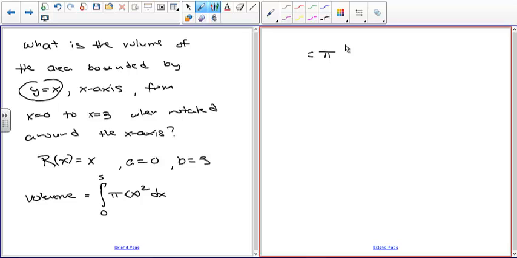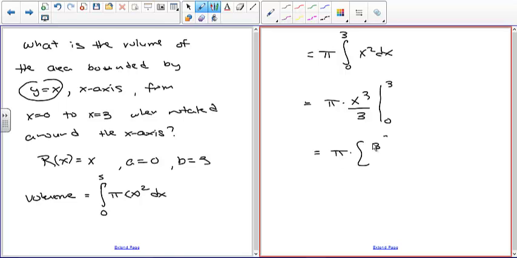We take pi outside the integral sign, so we take the integral from 0 to 3 of x squared dx. So the integral of x squared dx is x cubed over 3. We evaluate that between 0 and 3. And so that's going to be equal to pi times 3 cubed over 3 minus 0 cubed over 3.